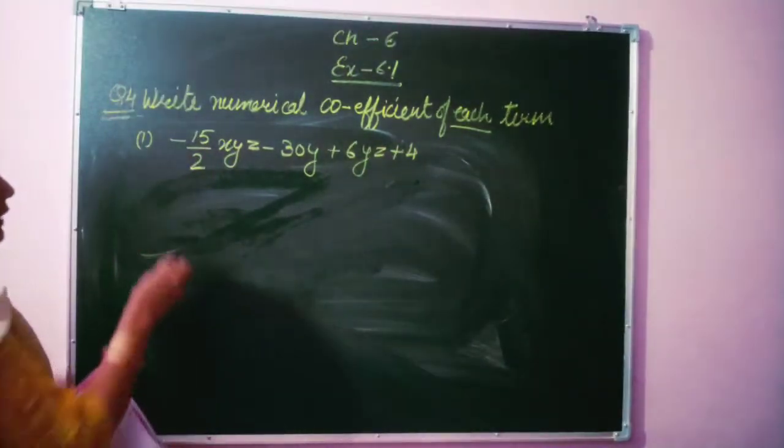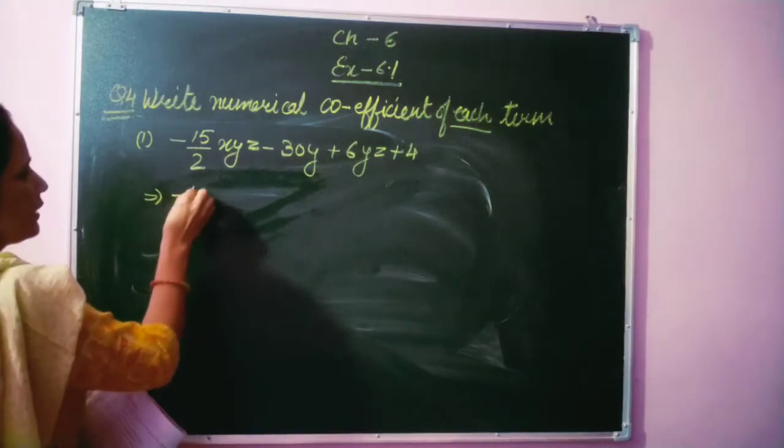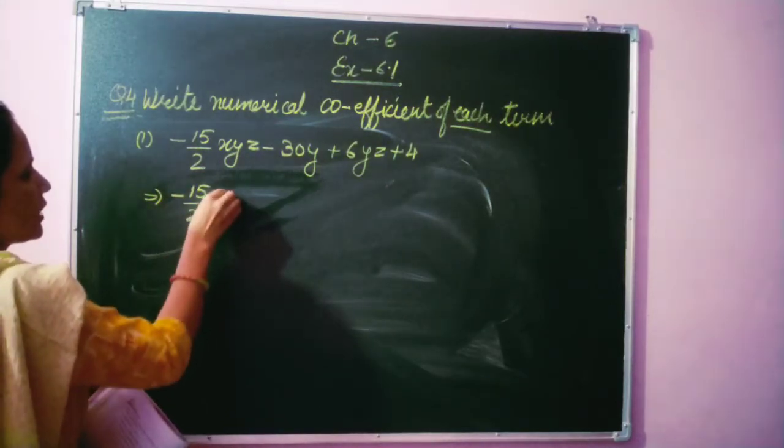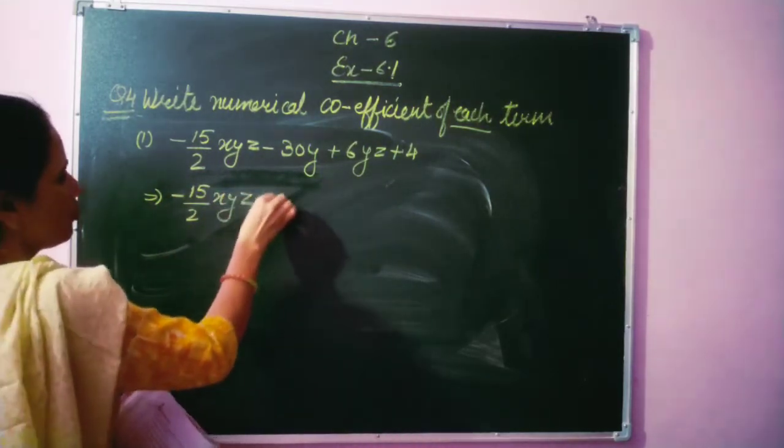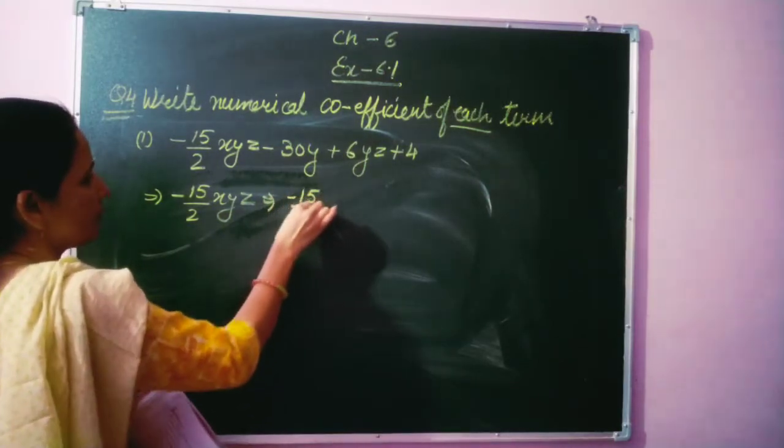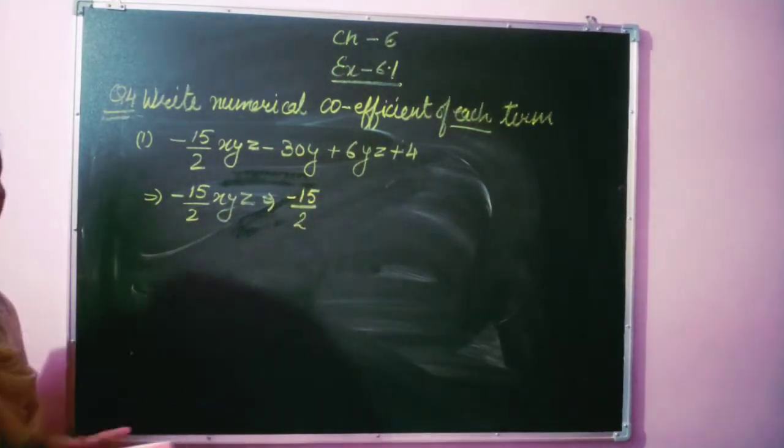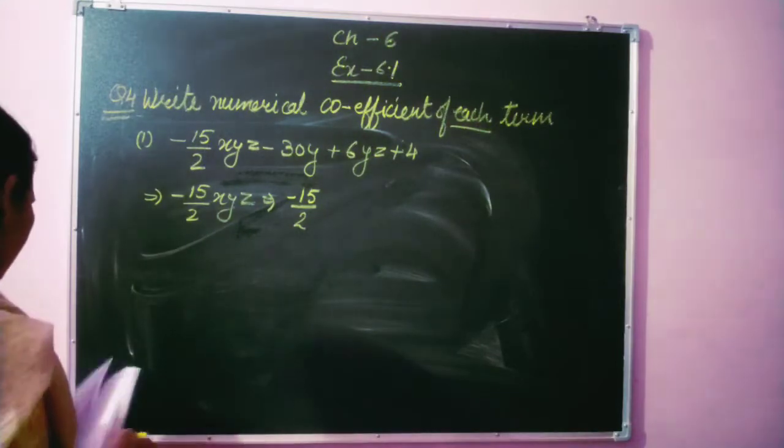Okay, so students, here the first term is minus 15 by 2 xyz and its numerical coefficient is minus 15 by 2. The negative number we have taken, that is minus 15 by 2.